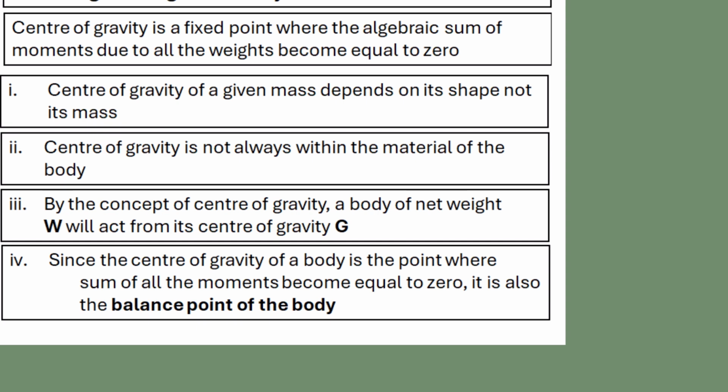So the first point that we have to note is, center of gravity of a given body depends on its shape and not its mass. Let us see what we are trying to say over here.